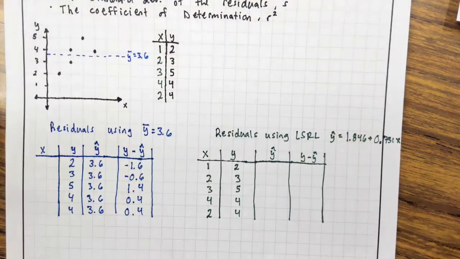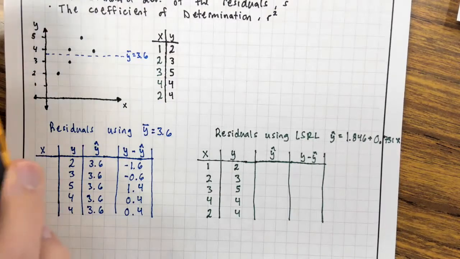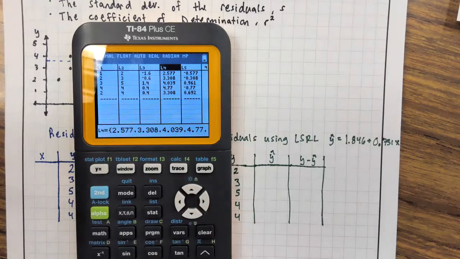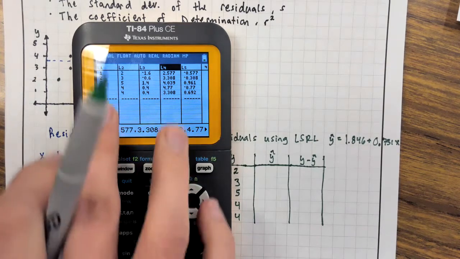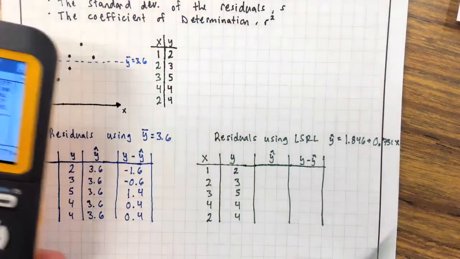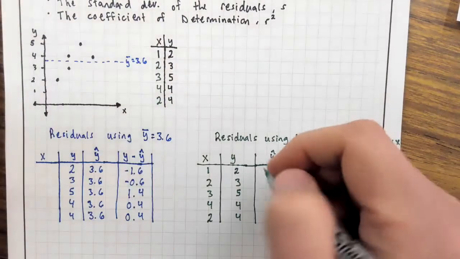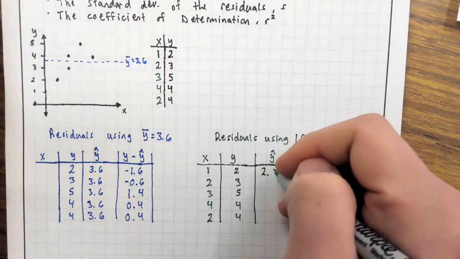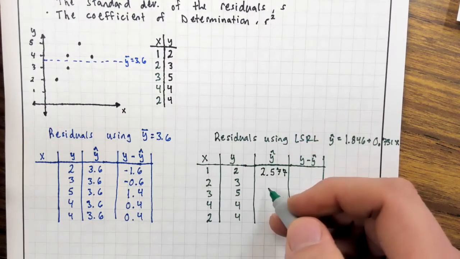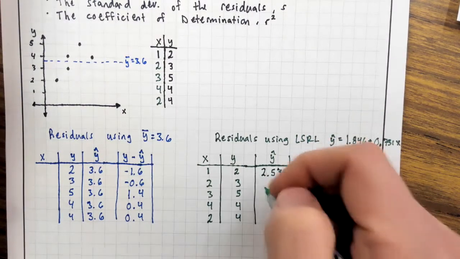Awesome. So then I just went into my list, and hey, so my list 4 here, I just did that regression equation times whatever was in list number one. And anyways, I feel like I'm kind of rambling at this point. So hey, the predicted value here is 2.577. My next predicted value is 3.308.